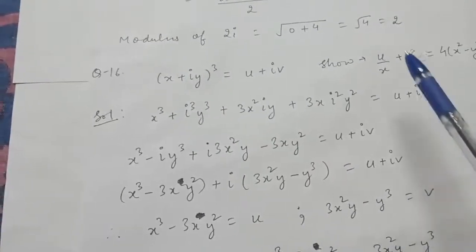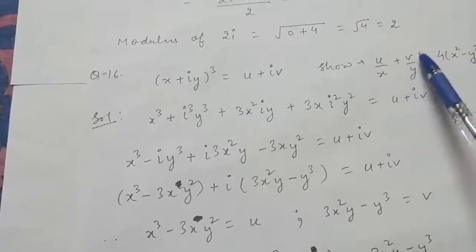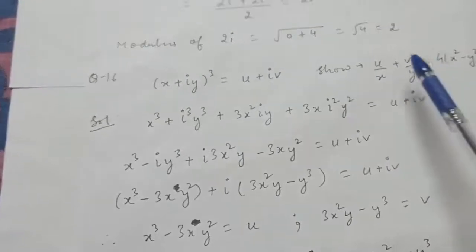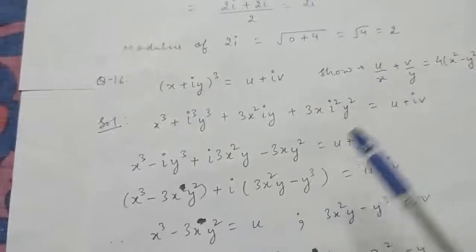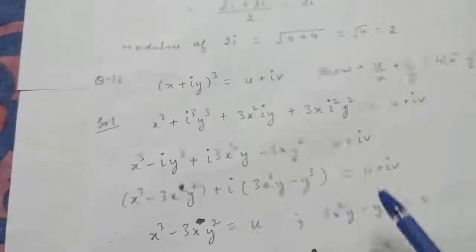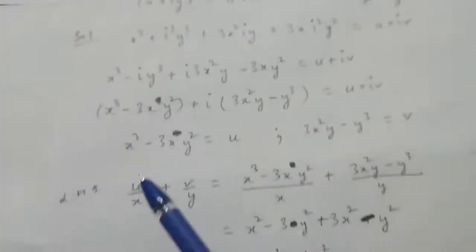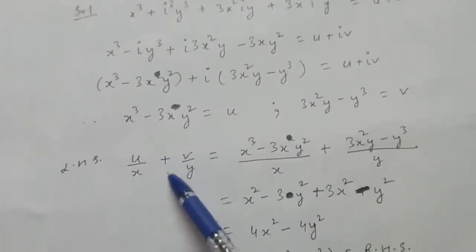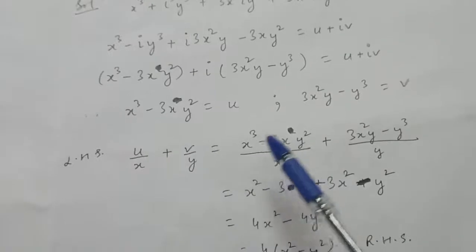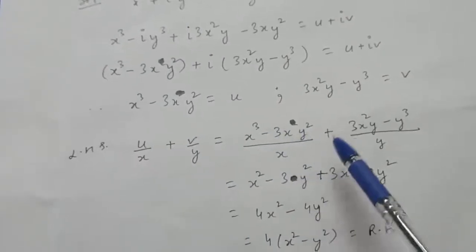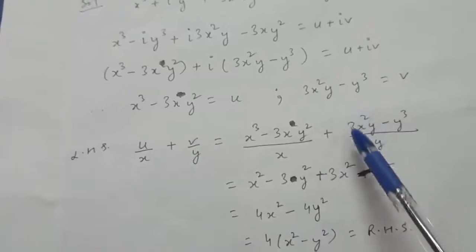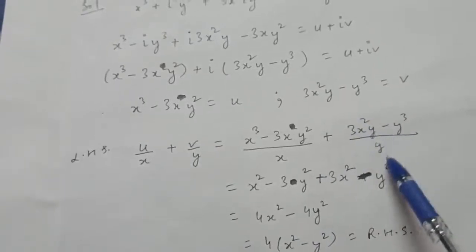Now we have to show u by x plus v by y is equal to this. So in place of u, put this value. In place of v, put this value. So see, taking the left hand side, u by x plus v by y is equal to (x cube minus 3xy square) upon x plus, in place of v, (3x square y minus y cube) upon y.